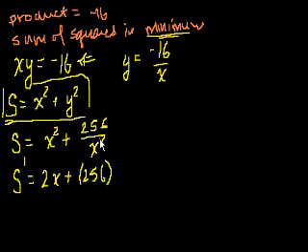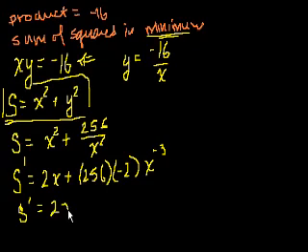We multiply 256 by the exponent, which is minus 2, and then decrement the exponent by 1, so we get x to the minus 3. So the derivative is equal to 2x minus 512 times x to the minus 3.